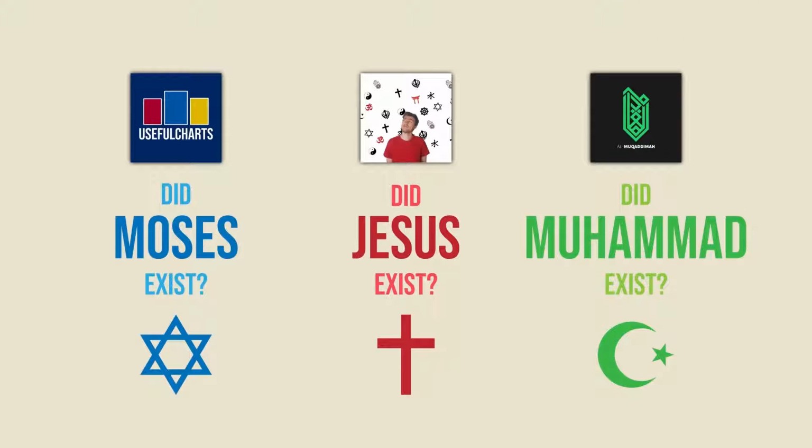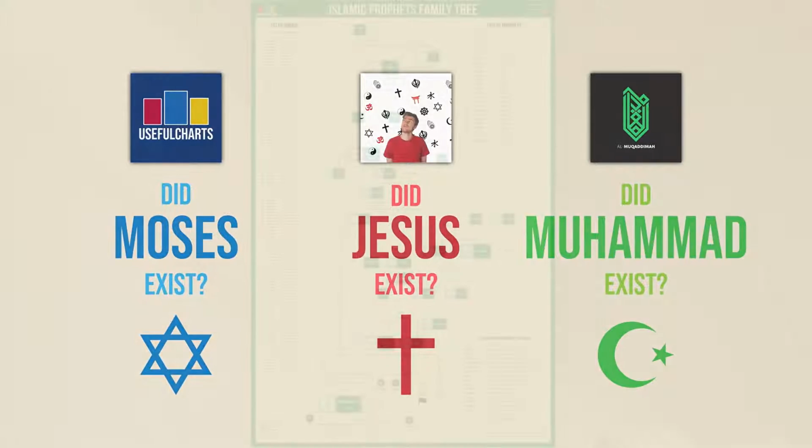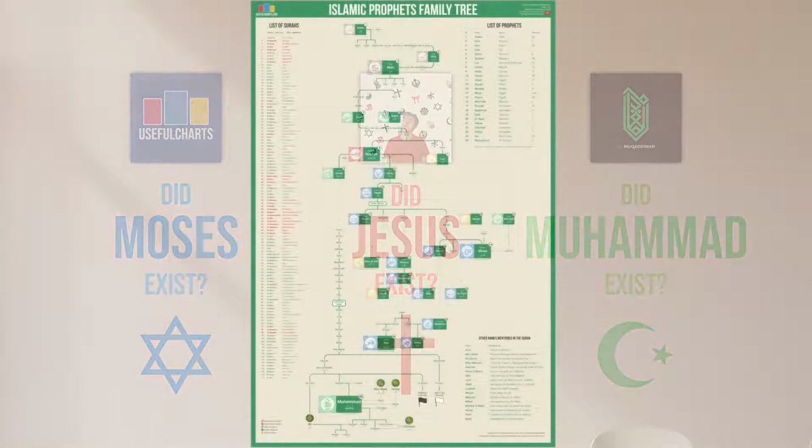While I, as a Jew, will be talking about the historical evidence for Moses, Let's Talk Religion will be discussing the historical evidence for Jesus, and Al-Muqaddimah will be discussing the historical evidence for Muhammad. So if you're interested in learning more about the history surrounding Islam's final prophet, as well as both Musa and Isa, you'll want to keep an eye out for that.